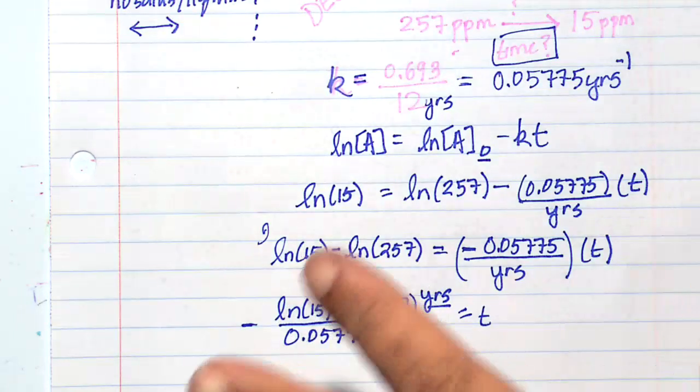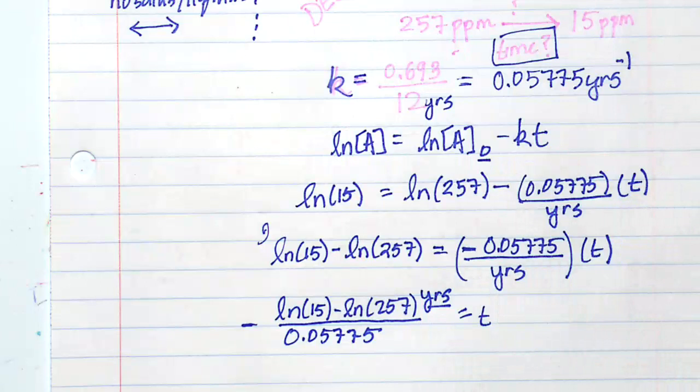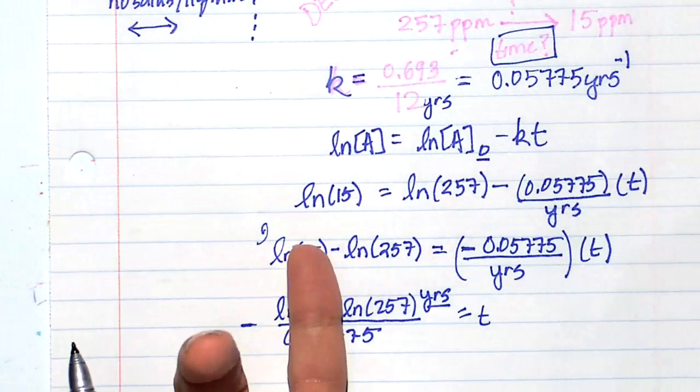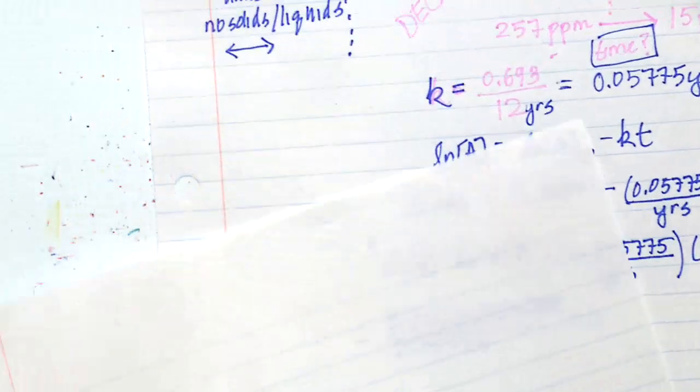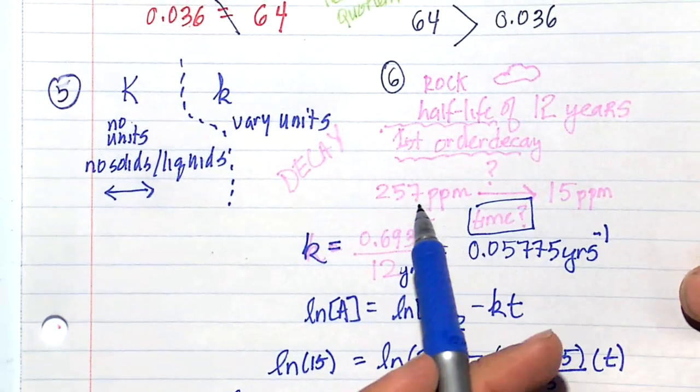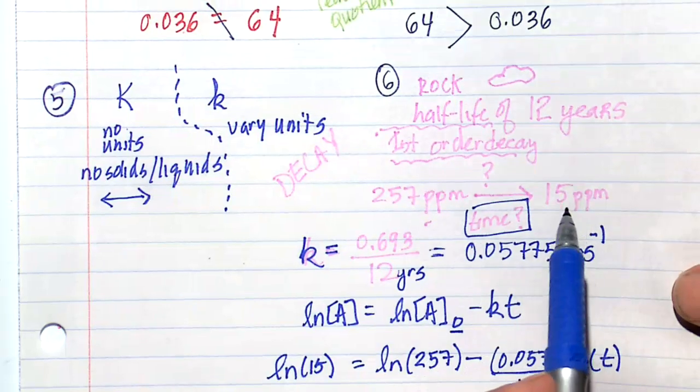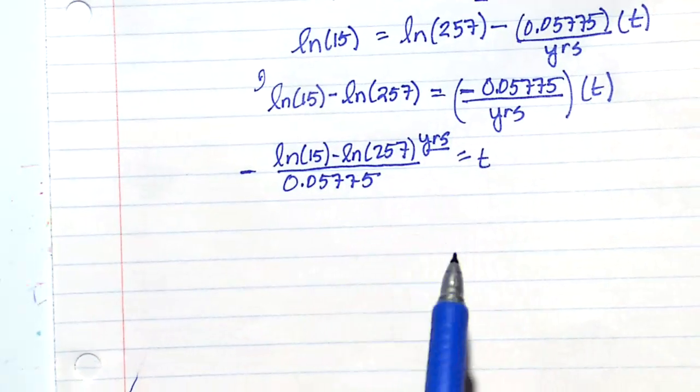All right, in the interest of time, I'll move on. We only have 20 minutes left. Let's move on to point number 7 here. So to get the final answer of the time for this to decay from 257 ppm to 15 ppm, you'll put this on your calculator.